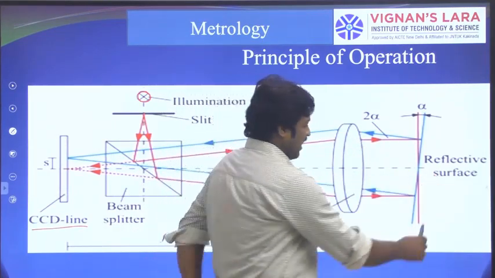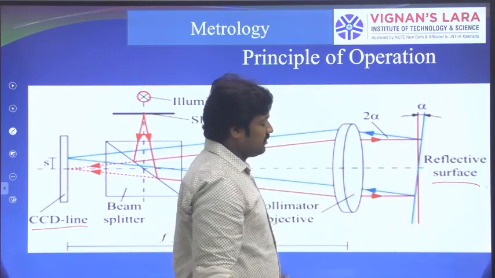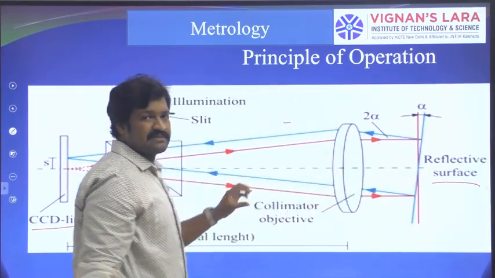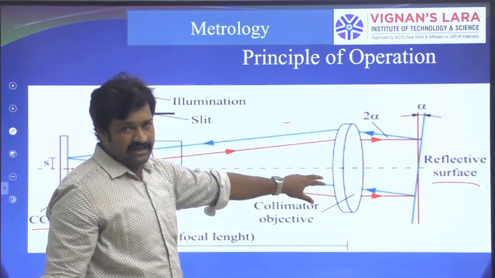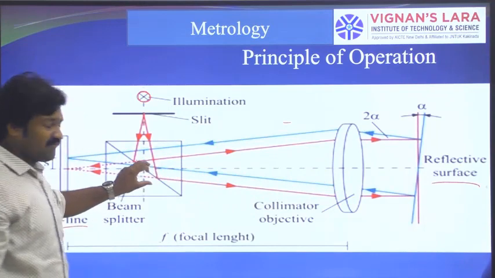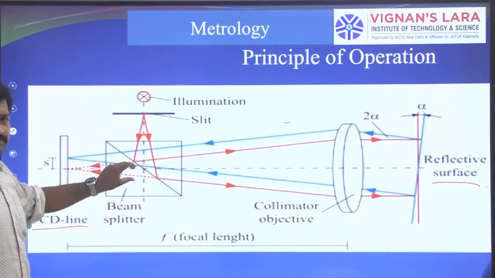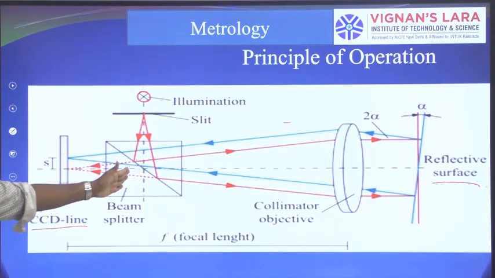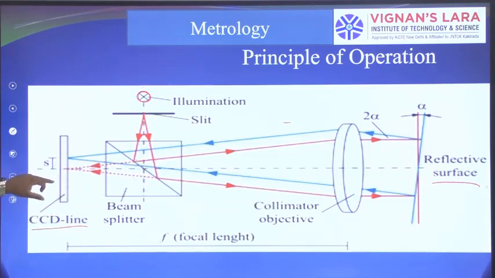The component has a reflective surface, and by means of it the light rays project back with some inclination towards the collimating lens. Again the collimating lens converges the rays onto the beam splitter, so the light rays travel onto the projecting screen.